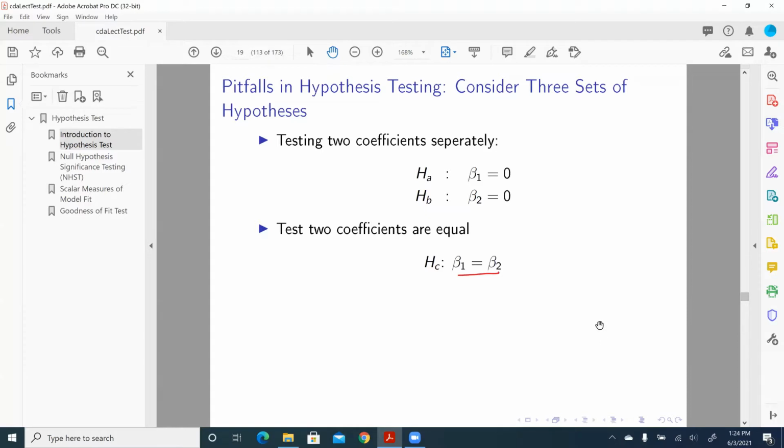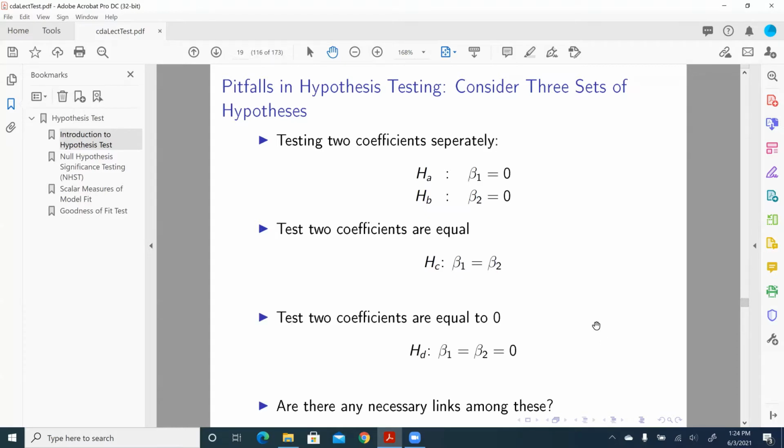How about testing the next one? So I want you to think about what is the difference between these. There are 3 sets of hypotheses. Are they statistically equivalent hypotheses? If not, then why not? I want you to think about it. You know, it could be in our quiz.